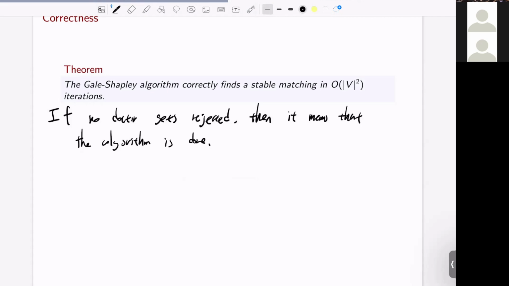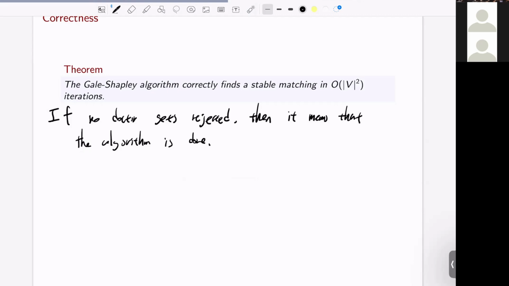Hospitals have their candidates, and doctors, because they are not getting rejected, will stay with the same decisions. So the algorithm doesn't make any changes, and we are done.